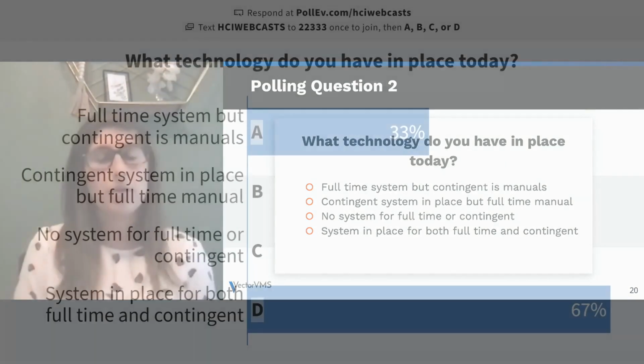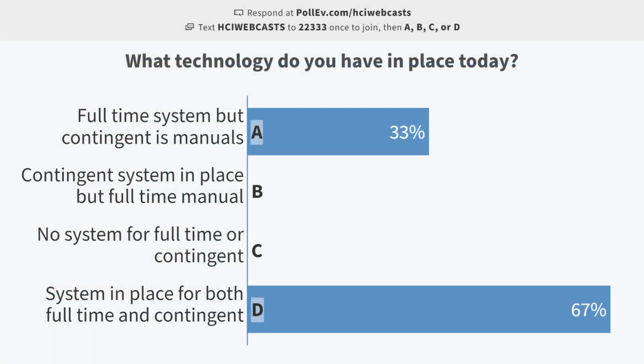That's pretty much what I expected. With the rise in the contingent workforce, having a vendor management system or freelance management system in place today, as well as having the full-time in place but the contingent manual, those are definitely the two that I expected to see the most. So that's good to know. I'll give it a couple more seconds.